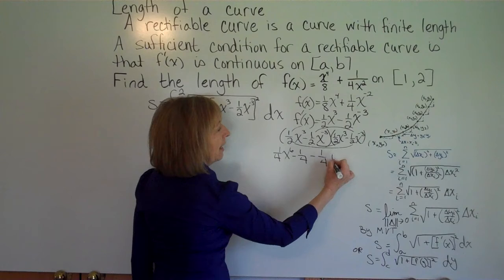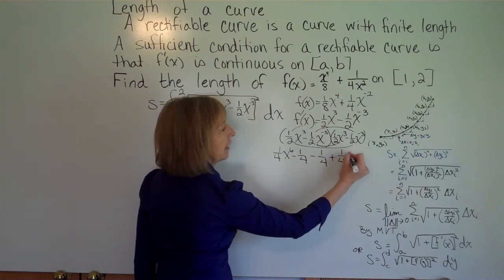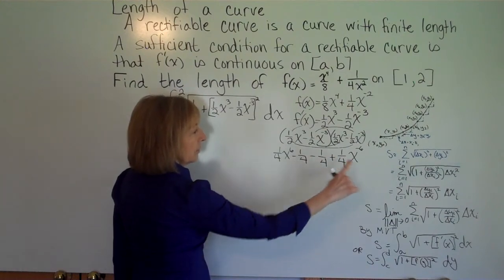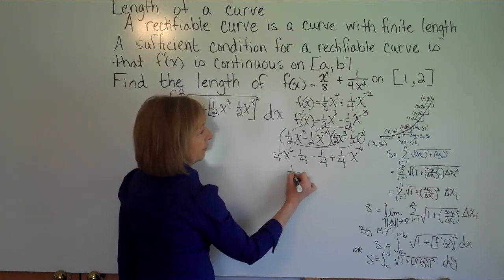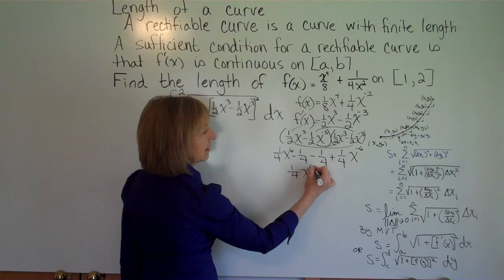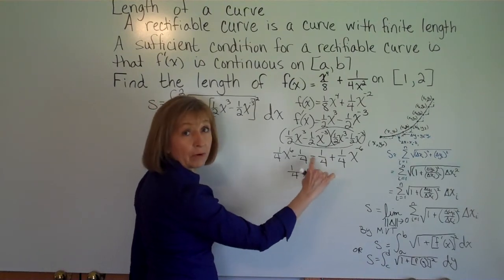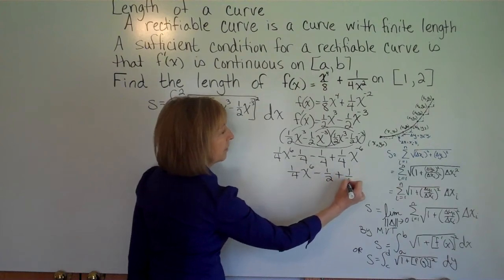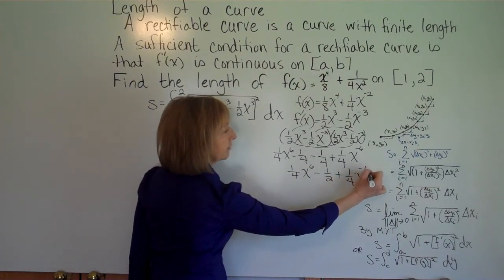So that gives me a positive 1/4 x to the negative 6. So then simplifying this gives me 1/4 x to the 6th, negative 1/4 minus 1/4 is negative 1/2, and then plus 1/4 x to the negative 6.